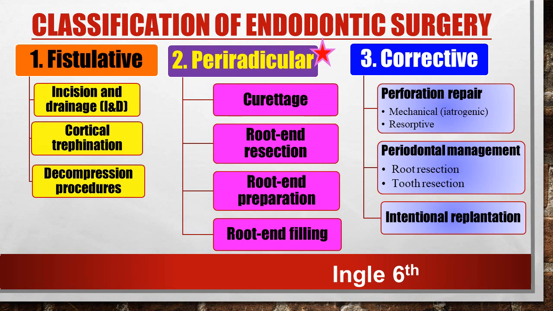suction. Cortical trephination is a continuation of incision and drainage, I would say, because it is done in cases where you cannot see any clinical features. That means you cannot see an obvious swelling or any obvious discharge.